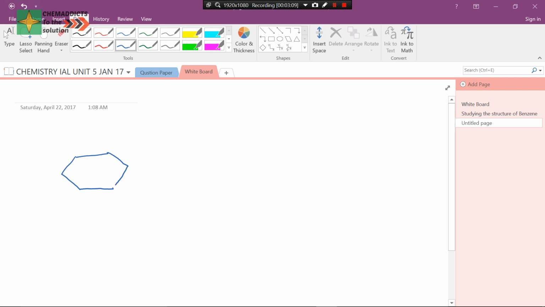Sorry, this is a benzene ring where it has been attached with a nitrogen atom. Sorry.